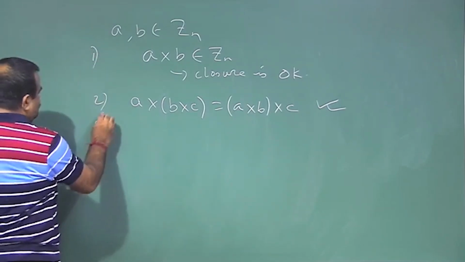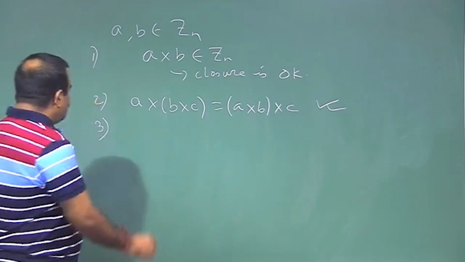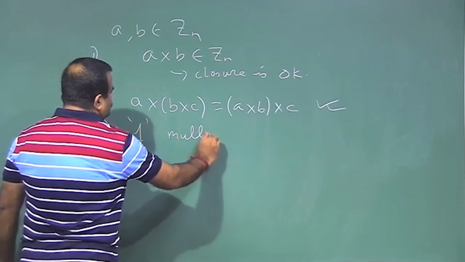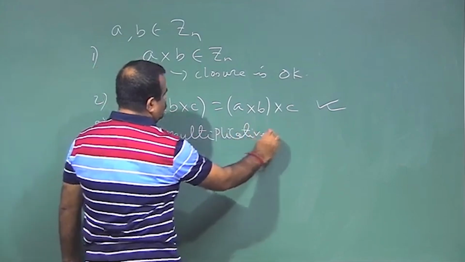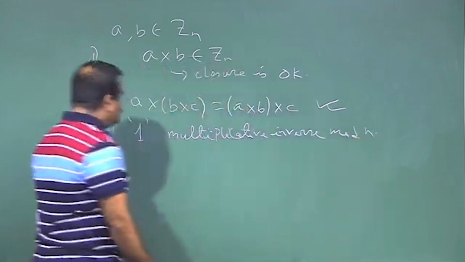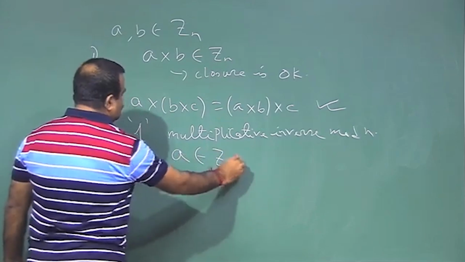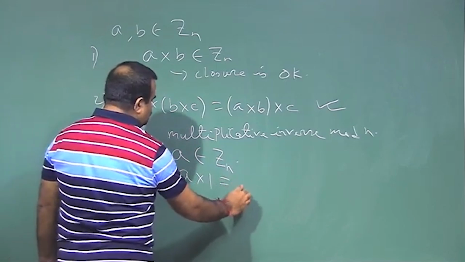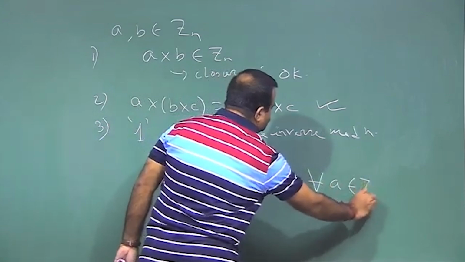Okay, now the inverse. So, existence of inverse. Do you have any element? So, 1 serves as the identity. Because if we take any element A from this Zn and multiply it by 1, this will give us A, which is the same as 1 into A, and this is true for all A belonging to Zn.